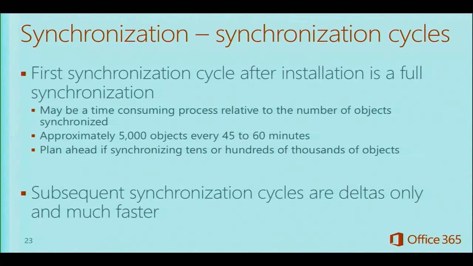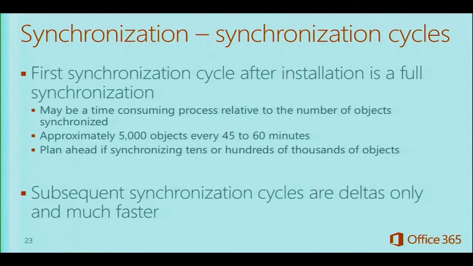Now, if you plan on creating filters, and again, you can filter by OU, by domain, or by user attributes, then you'll see when we walk through some of the DirSync screenshots, there's a checkbox there that says, go ahead and do the initial sync. If you're filtering, you don't want to do that initial sync.